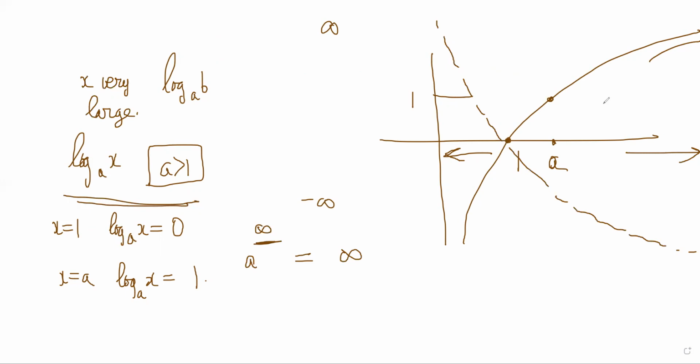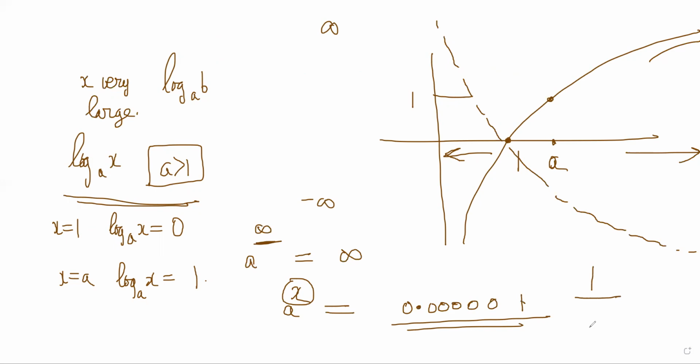And the opposite, if x was really small, like 0.0000, many zeros and then 1, what power of a do you need to raise it to get such a small value? You have to put negative infinity, because then only will you get 1 by a power infinity, something which tends to 0. So actually the output of the log function can be anything, -infinity to infinity.